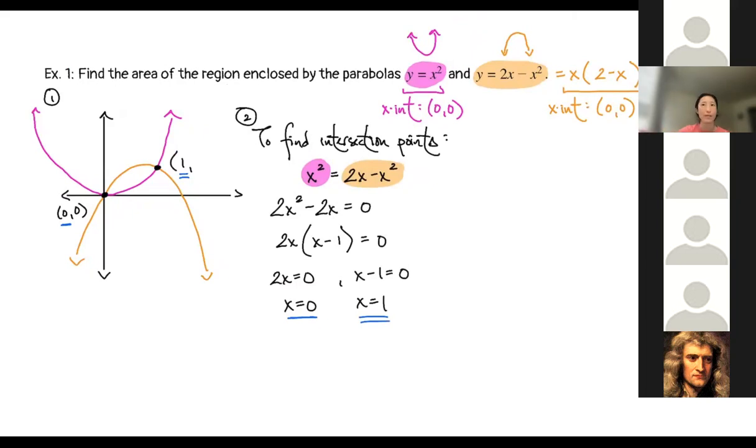Because we have a lot of equations going on here. Where should we input the 1? Either one, they're the same, right? So we could choose the pink one or we could choose the orange one. And like Natalia said, let's just choose the more simple one, the pink one, right? So we're going to plug in 1 in there. 1 squared is 1. So the y value here is 1.